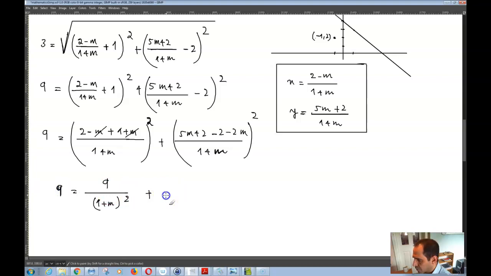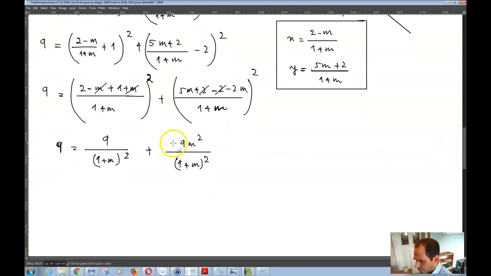And over here you have 5m minus 2m is equal to 3m, so that's 3m, and then 2 minus 2 cancels out, 1 plus m whole squared, which is 9m squared. I don't know why we did all of those weird things. It was actually a very simple equation.